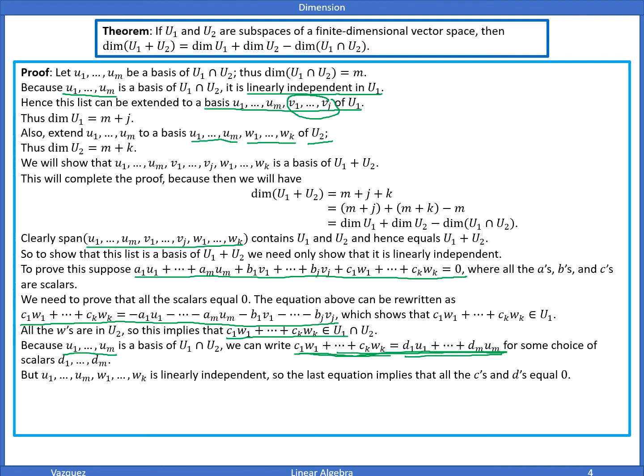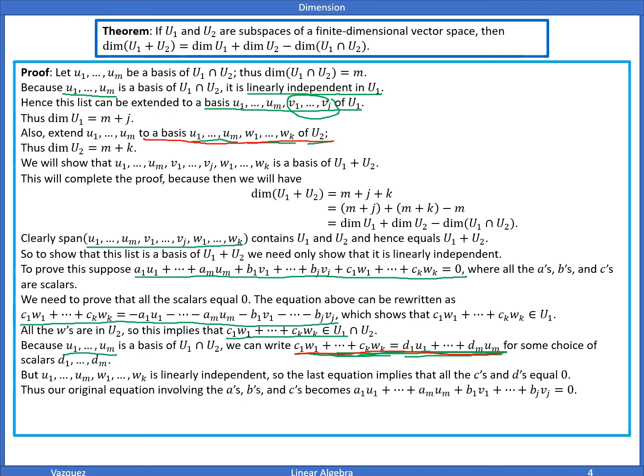But U1 to UM and W1 to WK is linearly independent. If you don't remember that, I'm going to put it in red. It was a basis of U2. So that last equation implies that all C's and D's are 0.